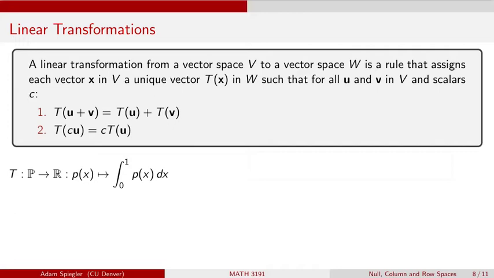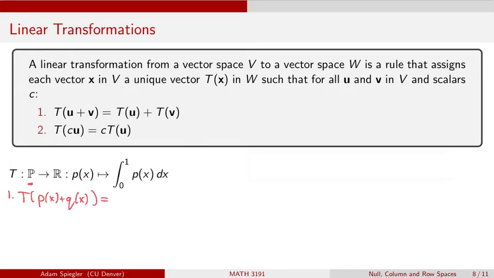For this case, we're going to map from polynomials into the real numbers by taking that polynomial and integrating it from 0 to 1. After I evaluate this definite integral, we get a real number, so that's why our codomain is R. Let's check whether this map satisfies these two properties. First, if I take two vectors in my vector space P, that might mean polynomials p of x plus q of x.